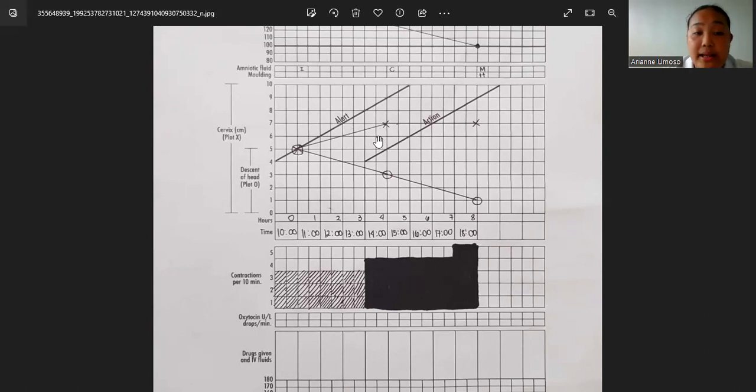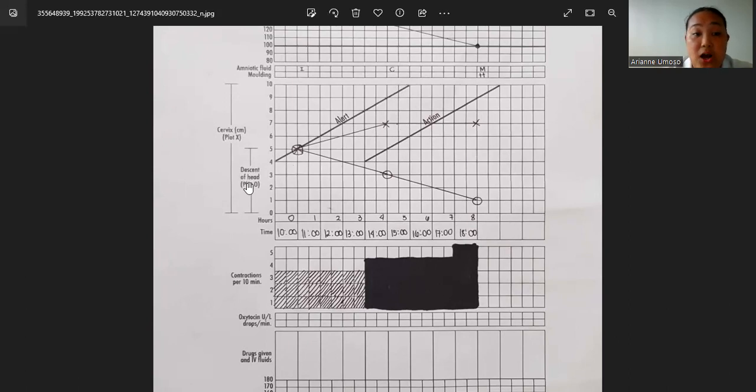It is abnormal and needs critical assessment. After 4 hours again, it is still at 7 cm. There is an arrest of dilatation, and it moved to the right side of the action line. So this is the critical line where a specific management decision must be made.